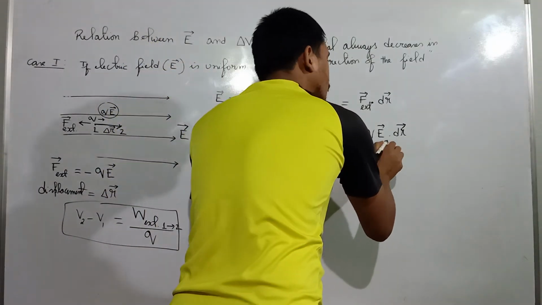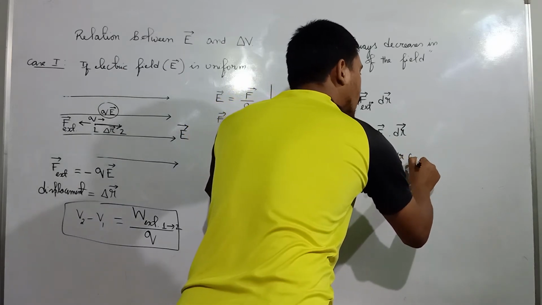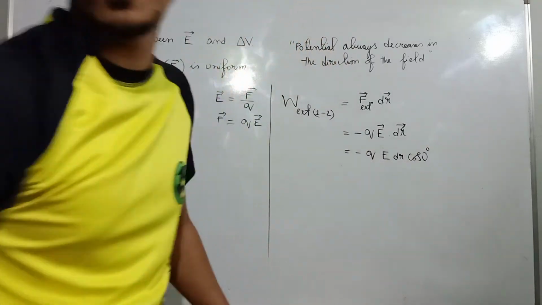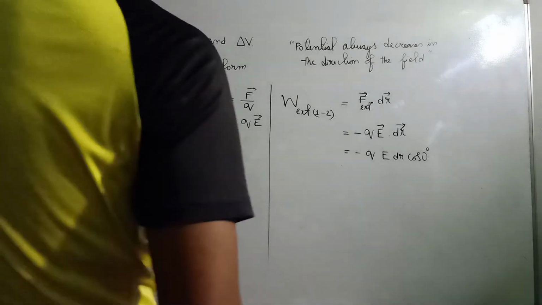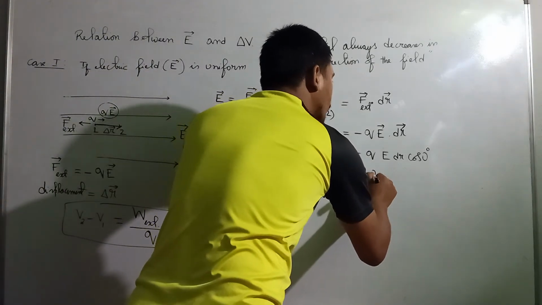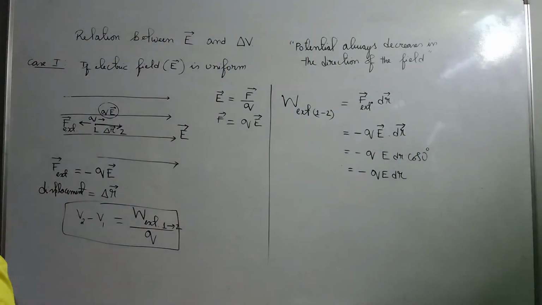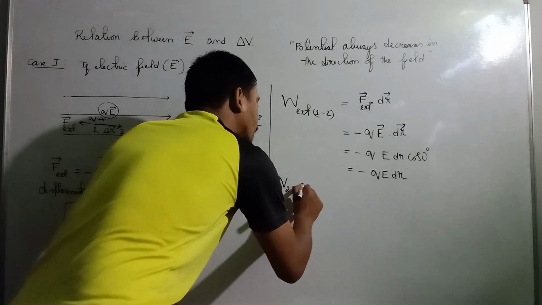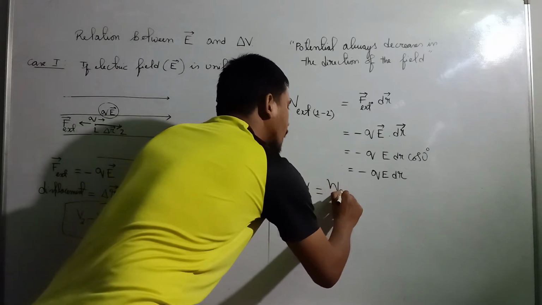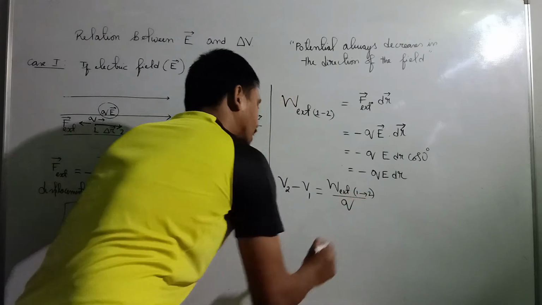Minus Q vector E dot vector dr will be E dr cos 0 degree, which becomes minus QE times dr. Therefore, the electric potential difference between points 1 and 2, final potential minus initial potential, is equal to the work done by the external agency in taking the charge from 1 to 2, upon the charge.